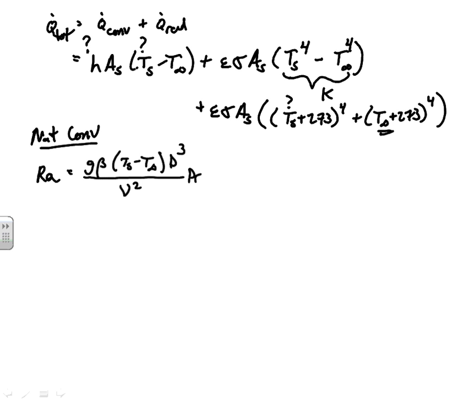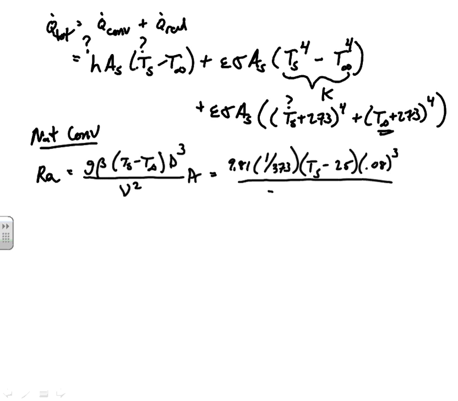G is 9.81, beta is 1 over 373, Ts minus T infinity, where Ts we're trying to find and T infinity is 25 degrees C, times the diameter 0.08 cubed, divided by nu, 2.306 times 10 to the minus 5, squared, times the Prandtl number, 0.7111.